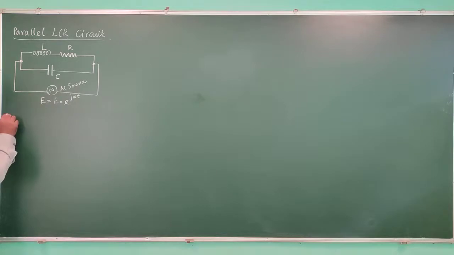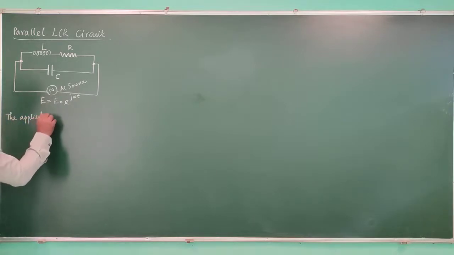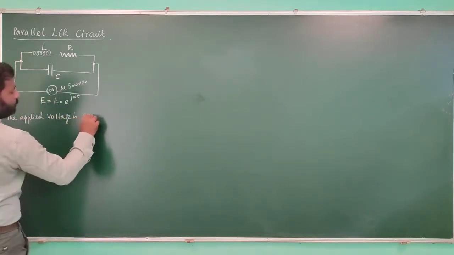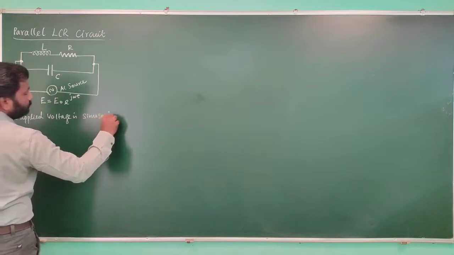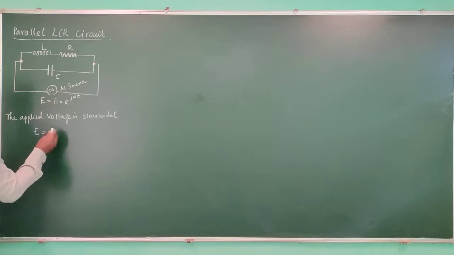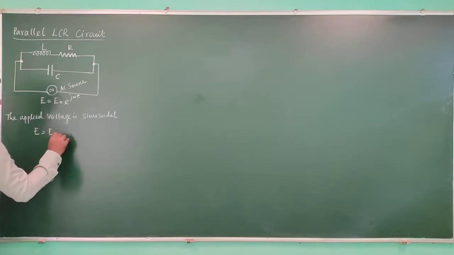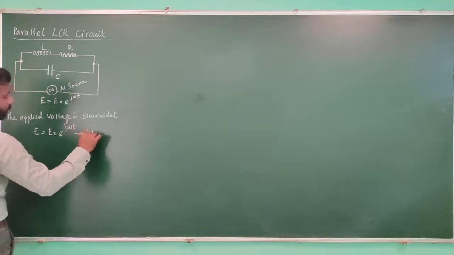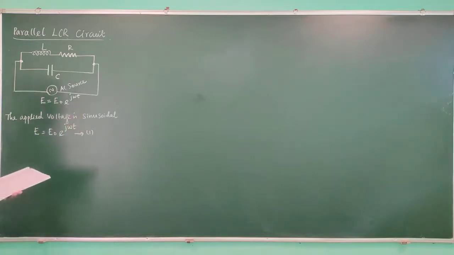Here the applied voltage is sinusoidal, it's a sine wave, and we can represent it as E equal to E naught e power j omega t. Then we can use the concept of complex impedance.